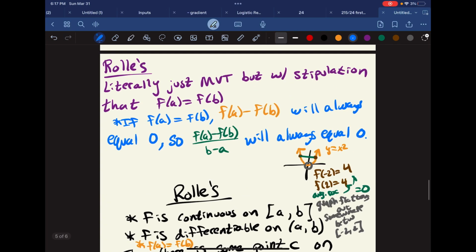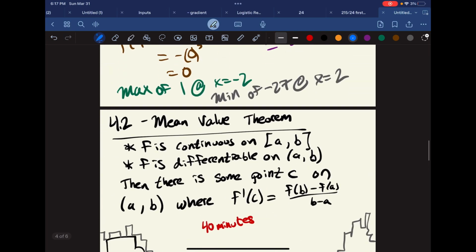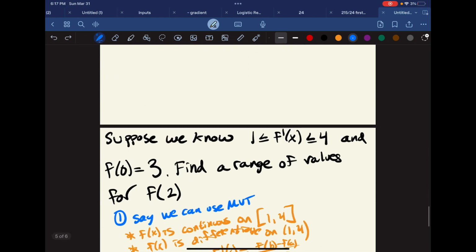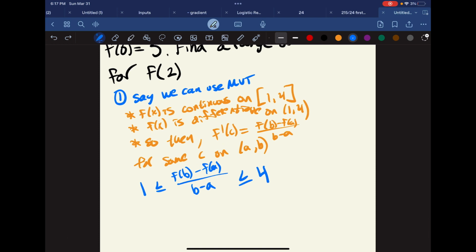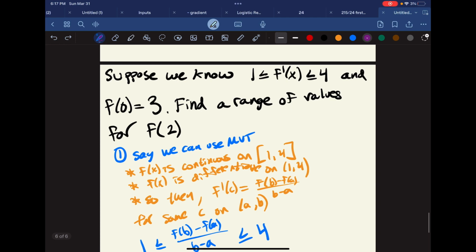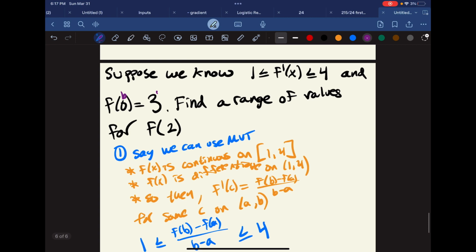Because all the mean value theorem is stating is that f prime of c equals this for some c. So we just substitute it in, and then we pick our values. So 0 is going to be our b, 3 is going to be our f of b, and 2 is going to be our a. Actually, since it doesn't really matter, let's just make 0 our b, and 2 our a.